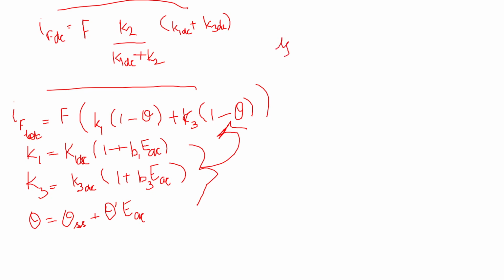So in this case, I have to substitute everything. First thing I'll do is take out K1 and K3. 1 minus theta is common, so I can take out 1 minus theta and I get something in the form K1 plus K3.